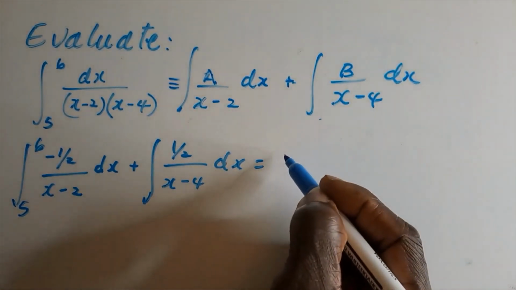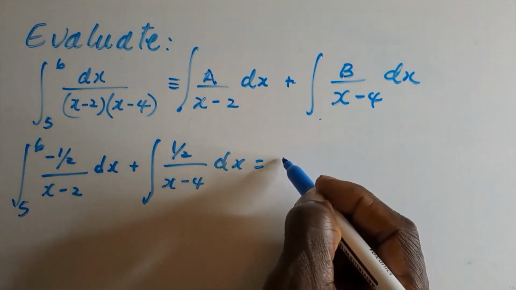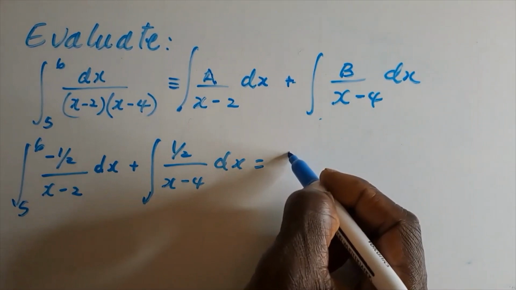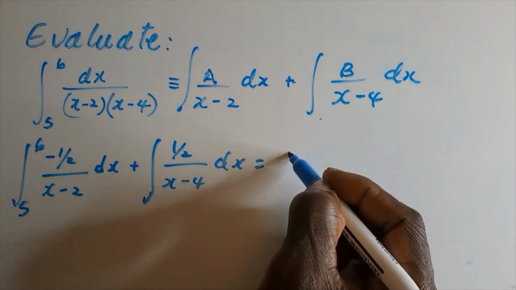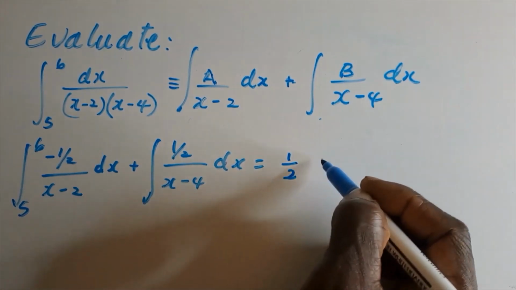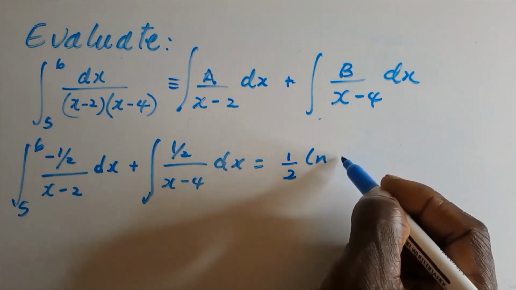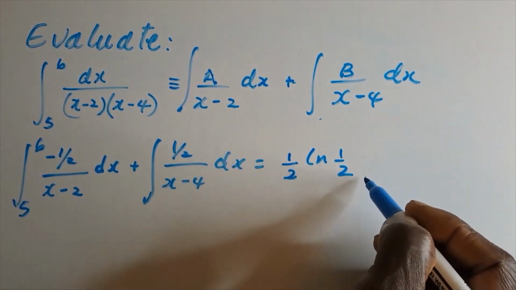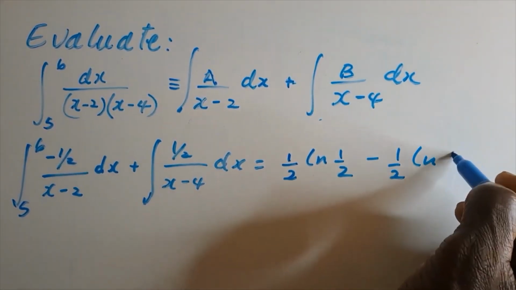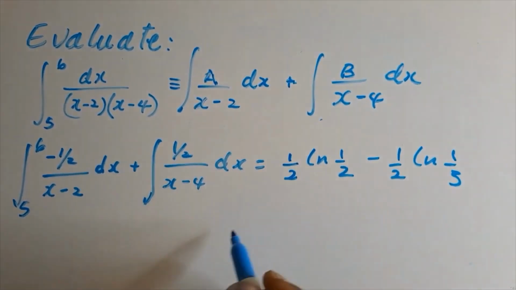Now, putting this all together, we have a half ln a half minus a half ln a third.